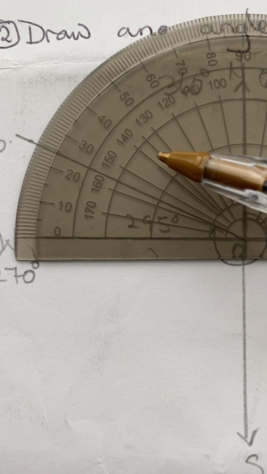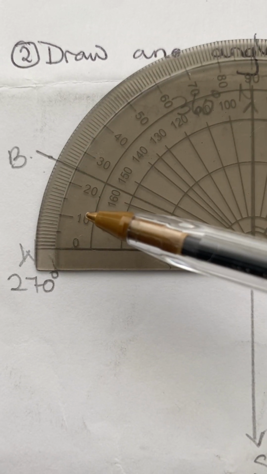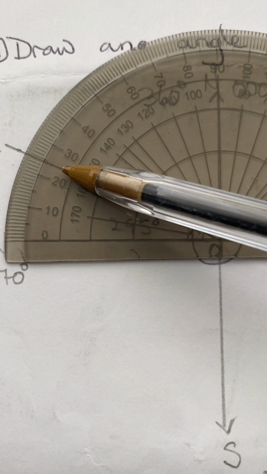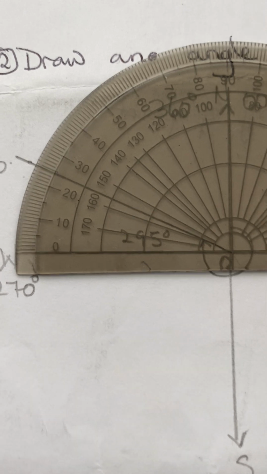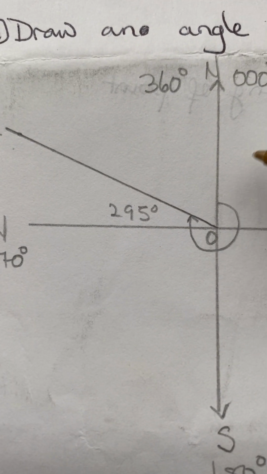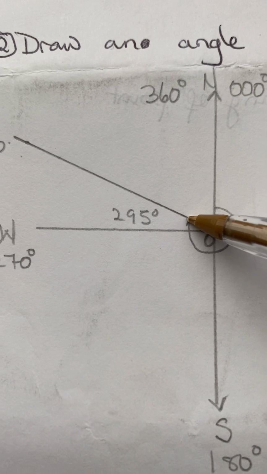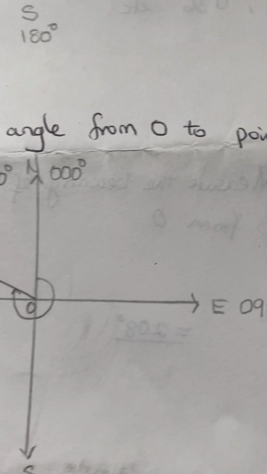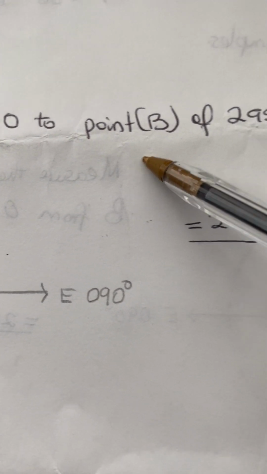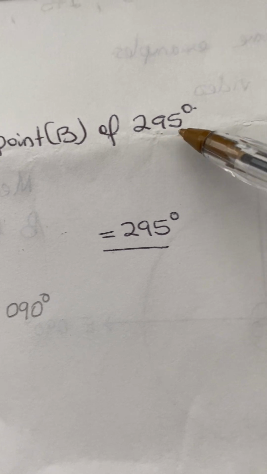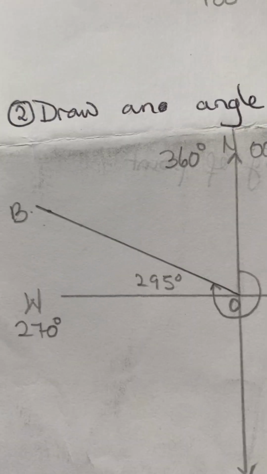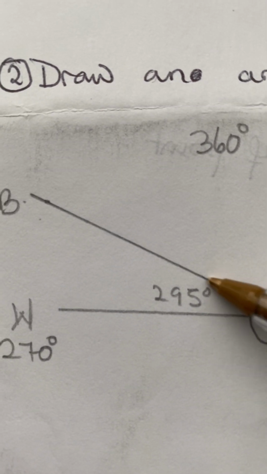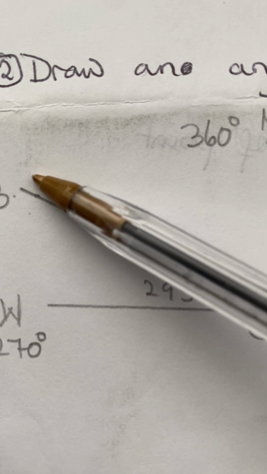So if I put it closer, 270, 280, 290, 295. From the origin all the way to this line is our angle. So we've drawn the angle from point O to point B of 295 degrees. That is point O and that is point B. B can be any point on this line.